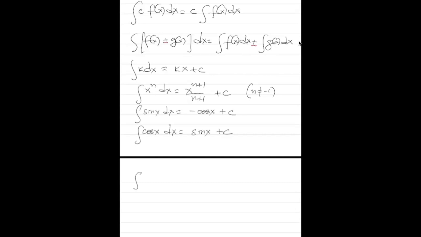Integral secant squared x dx is equal to tangent of x plus c, and integral of cosecant squared x dx is equal to negative cotangent of x plus c. Integral of secant x tangent x is equal to secant x plus c.